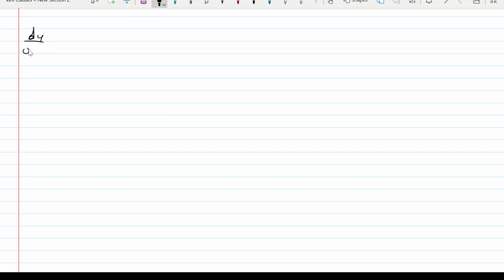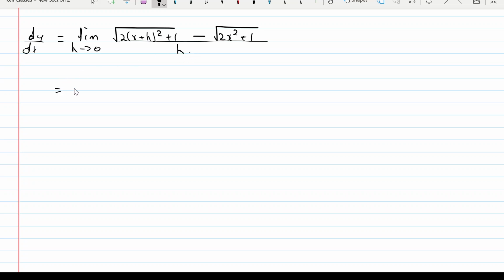dy by dx will be equal to limit as h tends to 0 root of 2 into x plus h the whole square plus 1. It's x square only, yeah. Minus root of 2x square plus 1 divided by h, which is equal to limit as h tends to 0. इसको rationalize करना है.